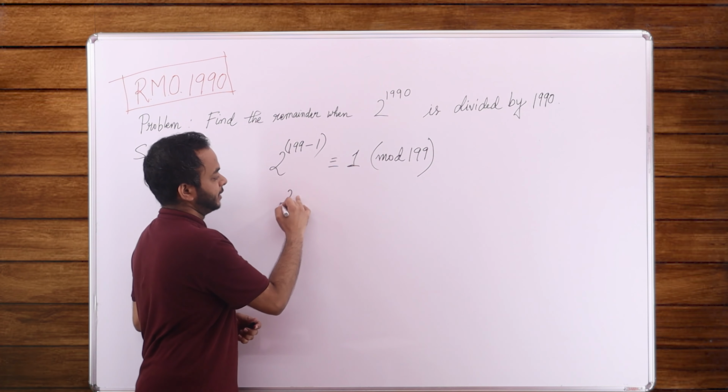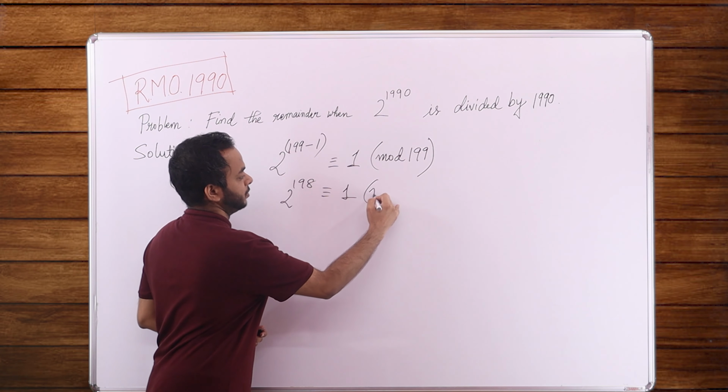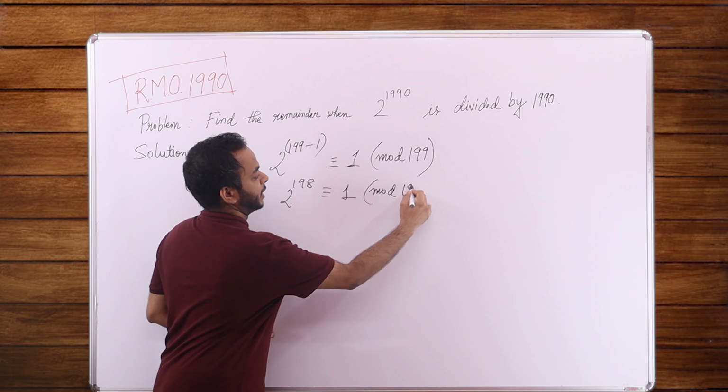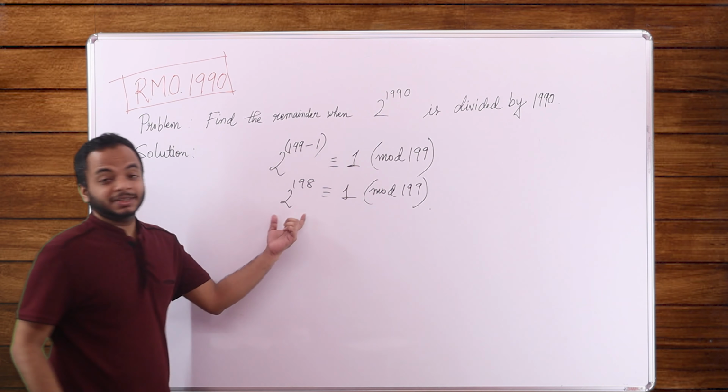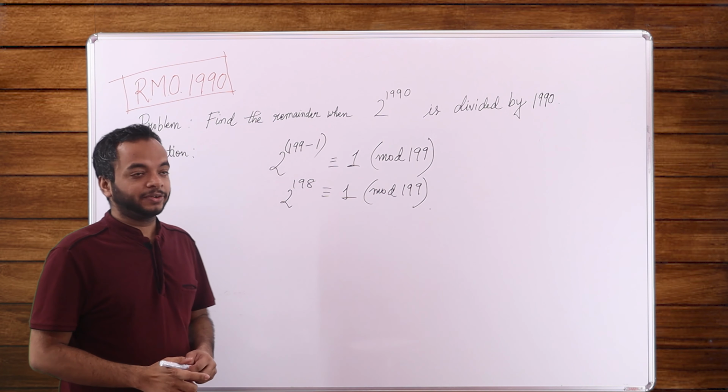That's 2 to the power 198 congruent to 1 modulo 199. Now the question is, we have 2 to the power 198. How do we reach 2 to the power 1990? If you just divide 1990 by 198, it's 198 times 10 plus 10.